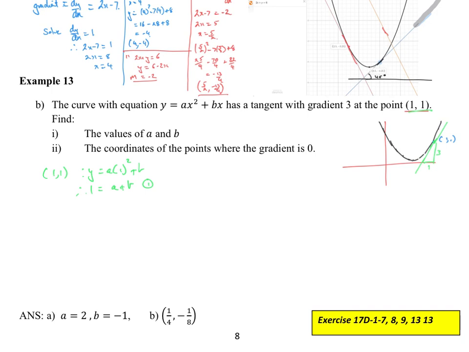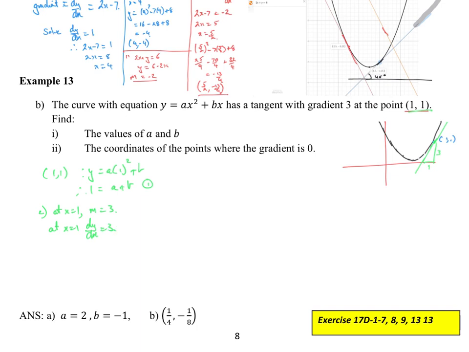Now the second piece of information I know is that at x equal to 1, the gradient is equal to positive 3. So what that means is that at x equal to 1, the gradient, or dy dx, is equal to 3.